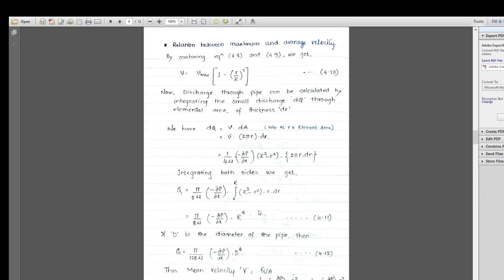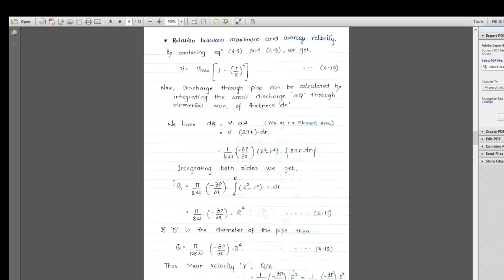By integrating this equation, we get this result.